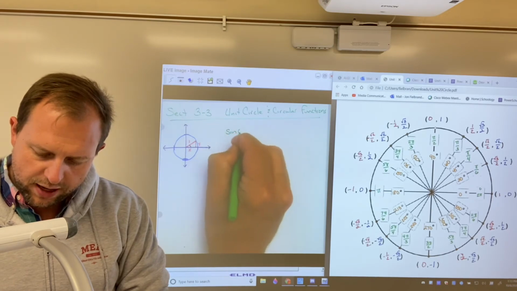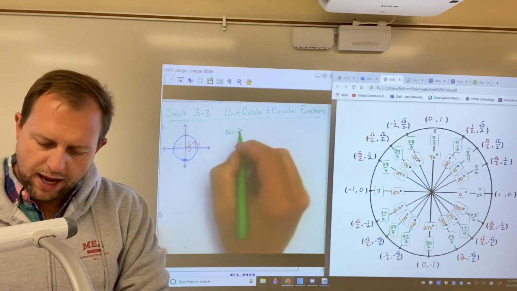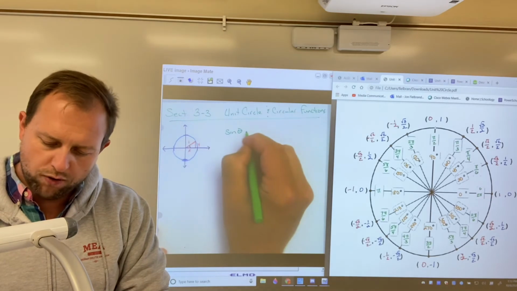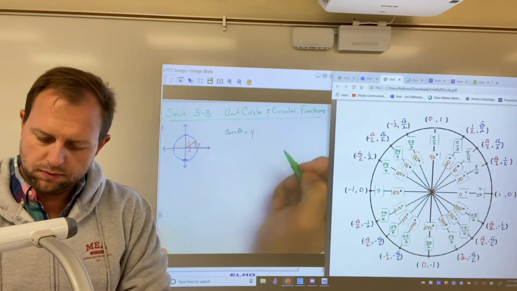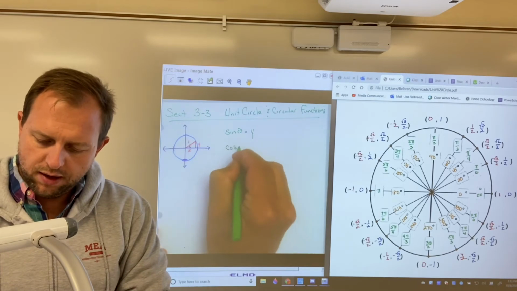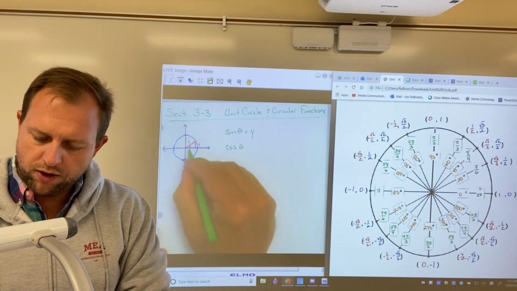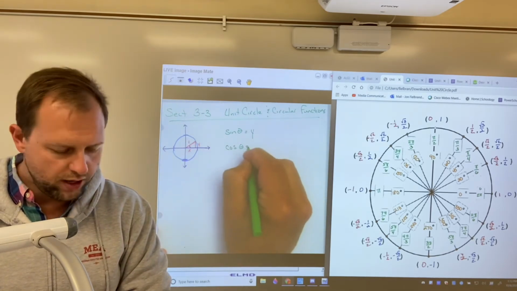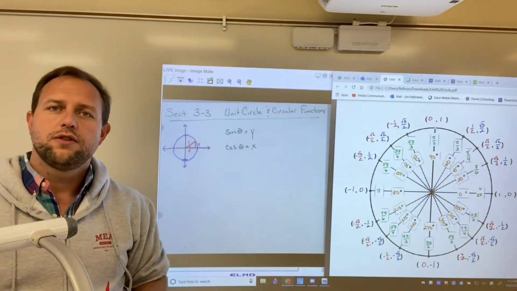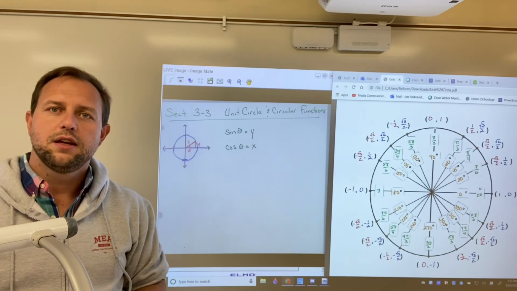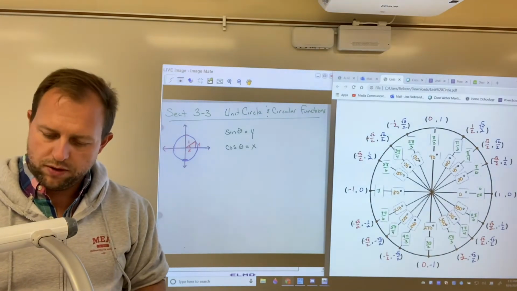Sine of theta is opposite over hypotenuse, y over 1, so it is y. Cosine of theta, adjacent over hypotenuse, is x over 1, or x. This is where we get the values from the unit circle we just talked about.